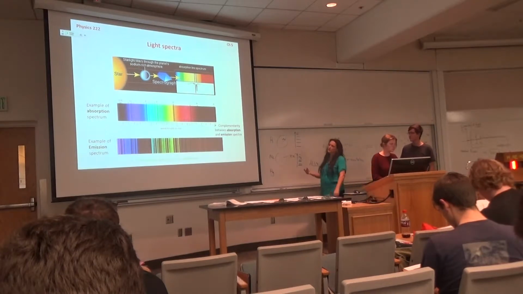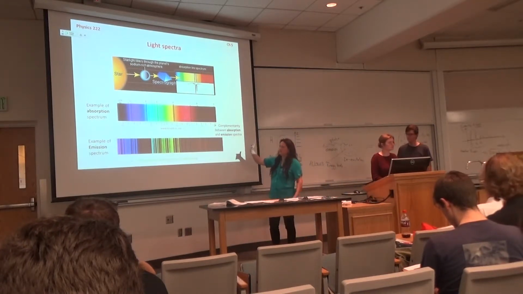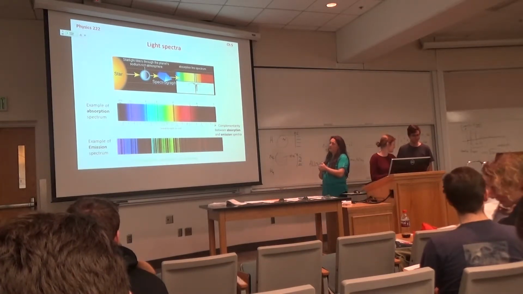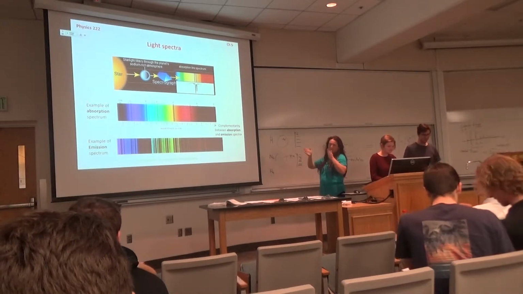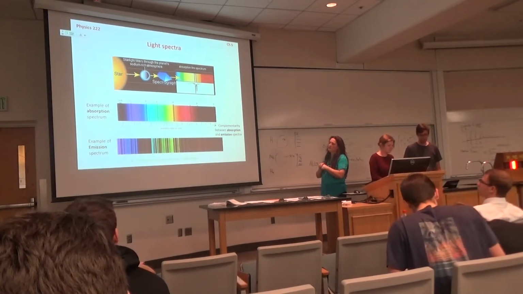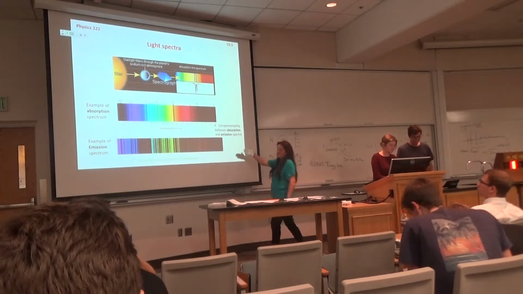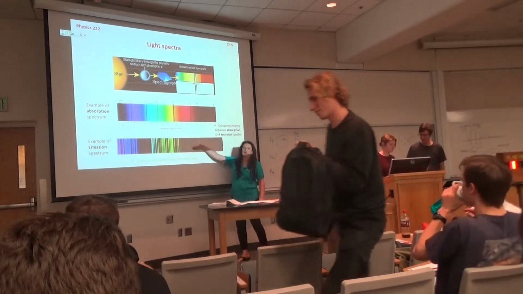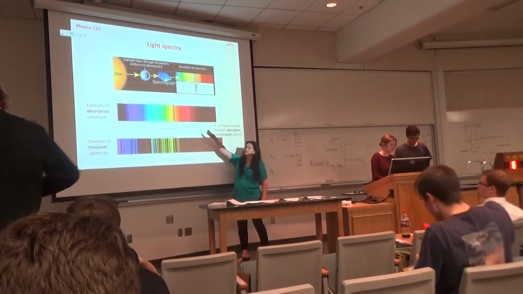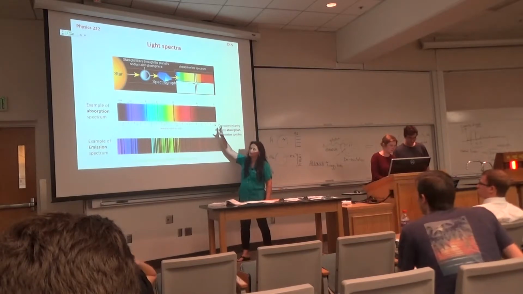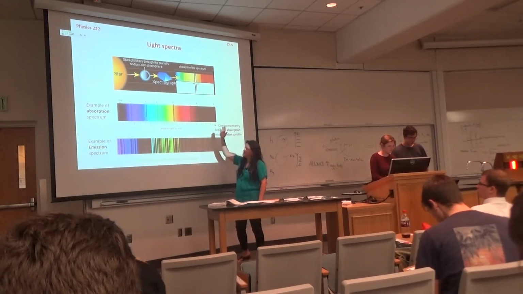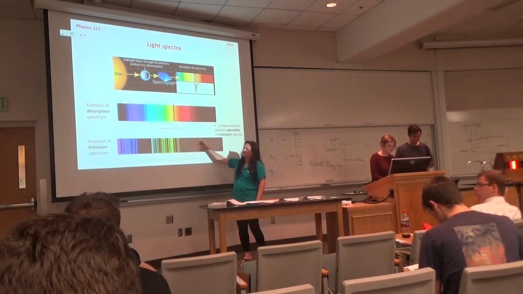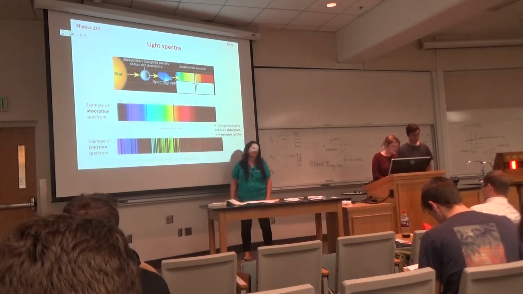You can either look at an absorption spectrum, so that's when the light is passing through a filter, and some of the different frequencies are going to be absorbed, or at the emission spectrum, which is what we did today in the demo. So this one is like the negative of that, if you want. If you start with a white illumination, then you pass through this specific element, it's going to absorb specific energy. Or if you excite the element, then it's going to emit those specific lights.